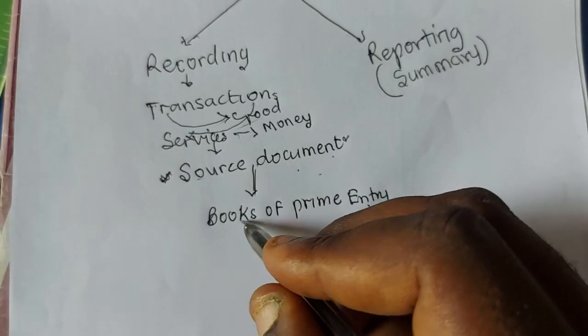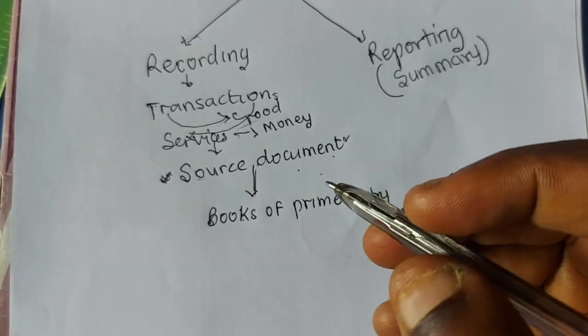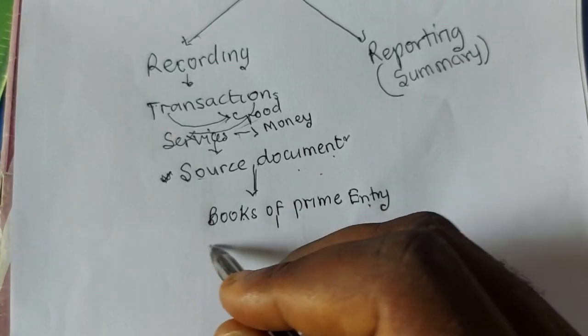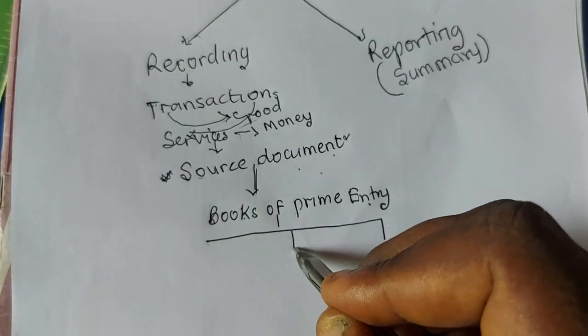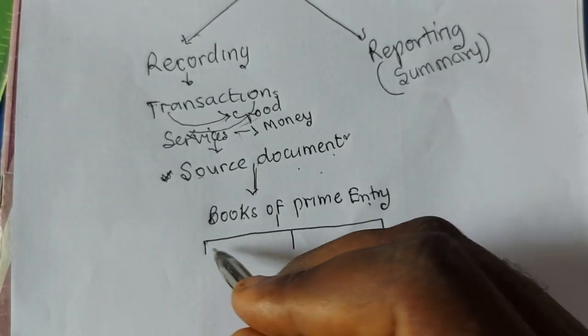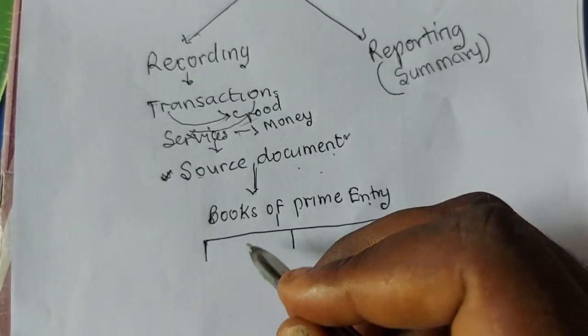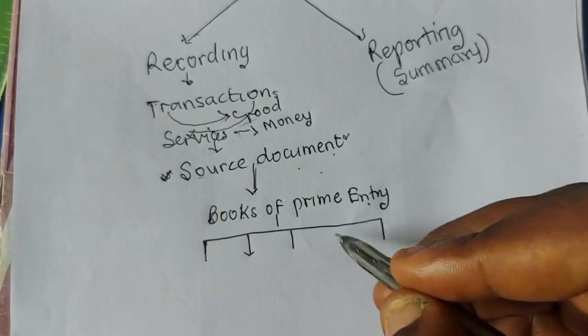Then these books of original entry are classified into four parts. Don't forget, we are going to look at them one after the other later in our course of study.